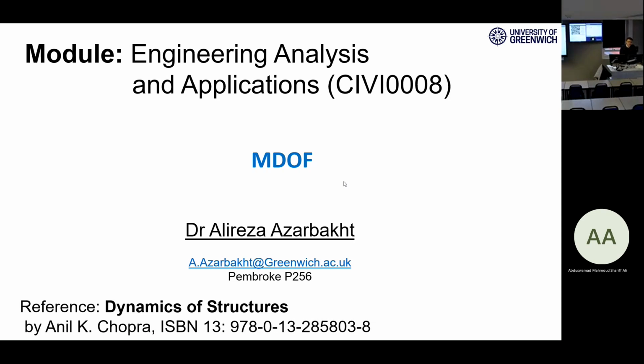So mass m and stiffness k are scalar values, they are numbers, right? But when we move to more complicated structures like building structures that have more than 1 degree of freedom, we need to deal with a more complex differential equation.